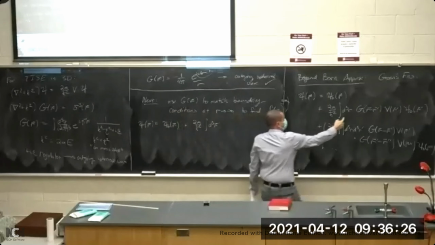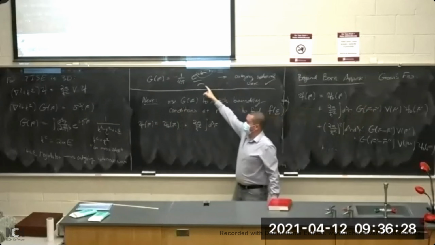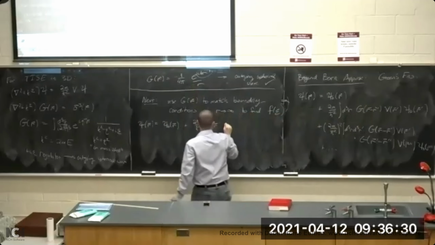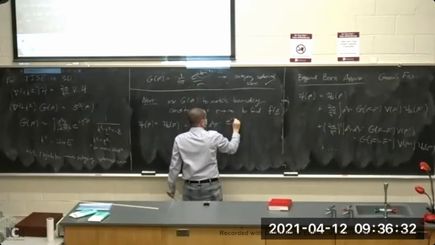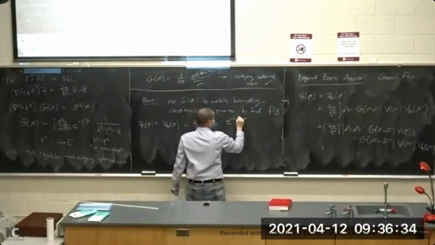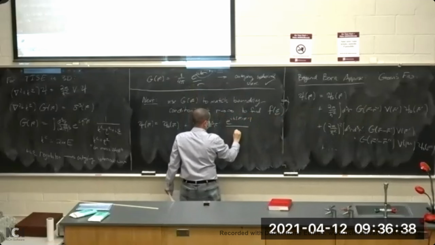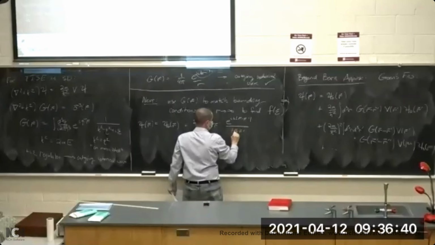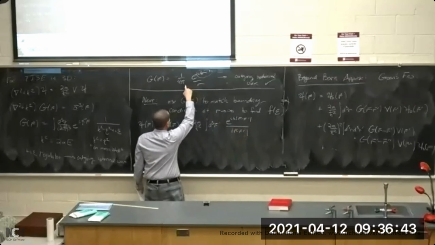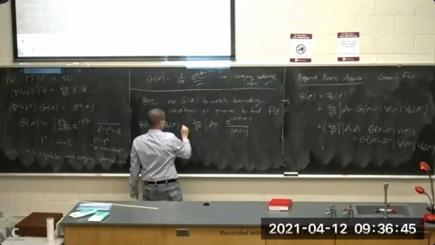Now I have the Green's function with argument r minus r prime. So I get e to the i k |r minus r prime| divided by |r minus r prime|. I get minus 1 over 4 pi in front. So let me put this out front here.